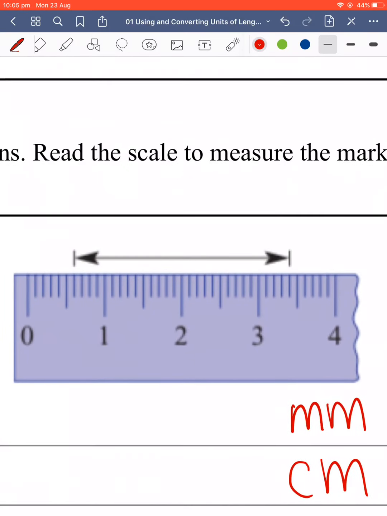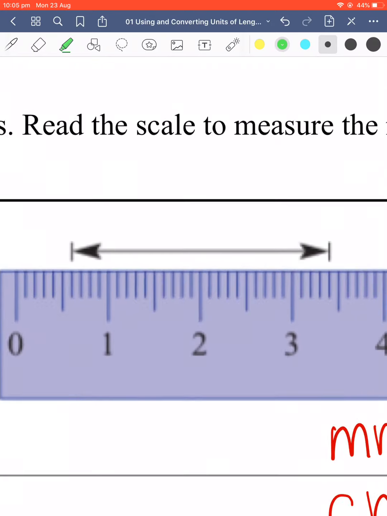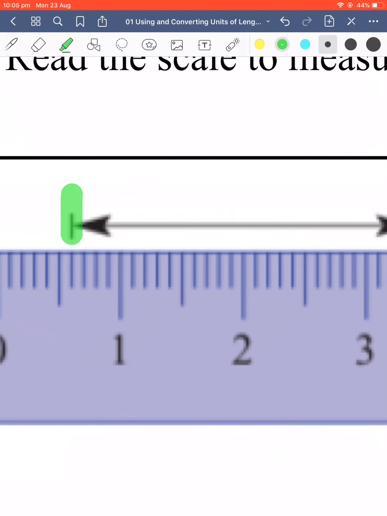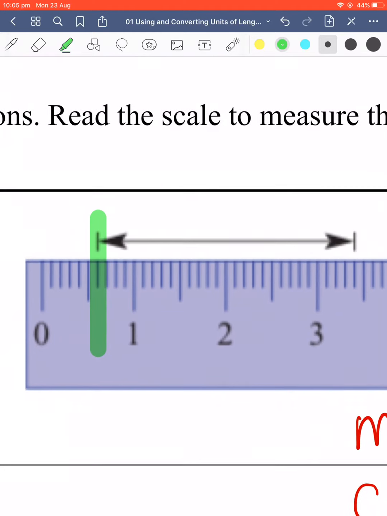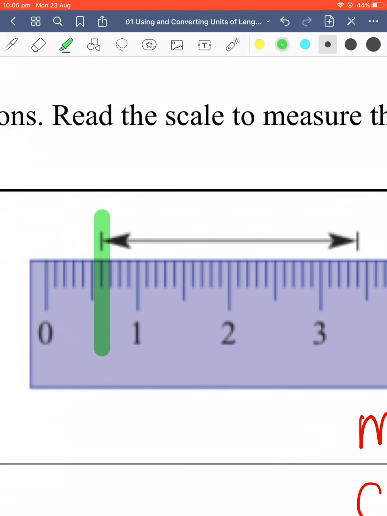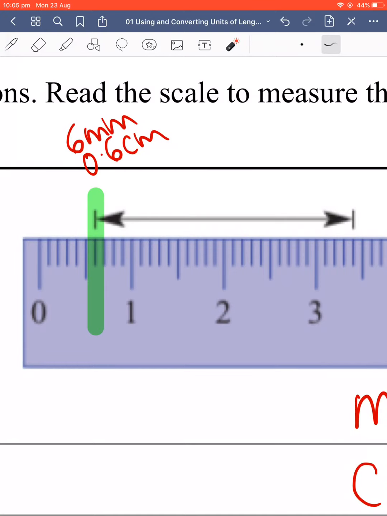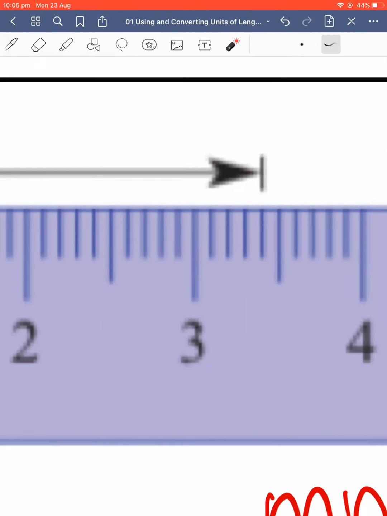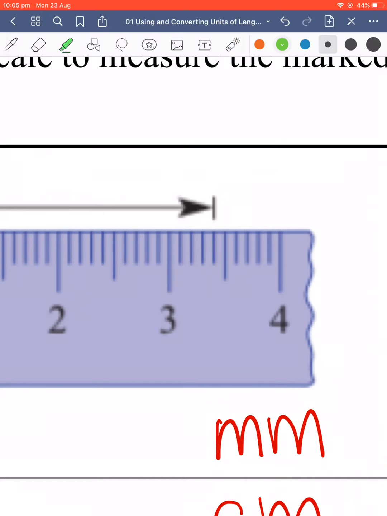So here I am starting off with 0.6 centimeters, so 6 millimeters, or 0.6 centimeters, where it's starting, because it's just after this number 5, so it's 6. And then I'm going to 3.1, 2, 3, 4. So here I have 3.4.